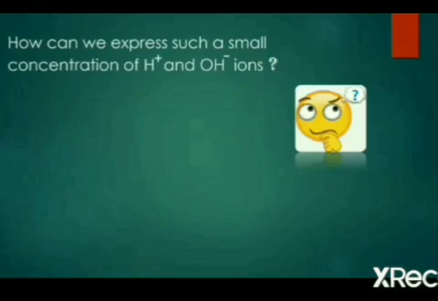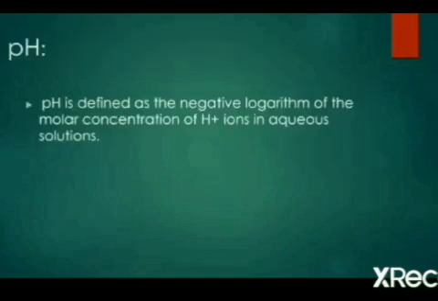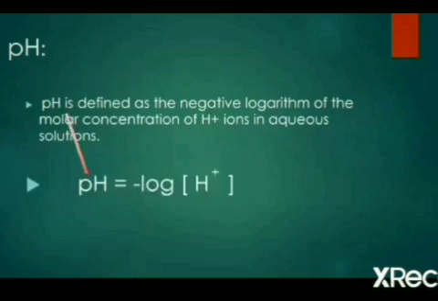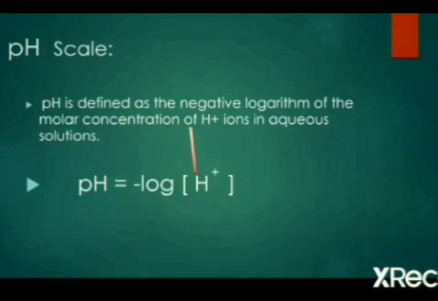How can we express such a small concentration of H plus and OH minus? By pH. P means power, H means hydrogen. So pH is defined as negative logarithm of molar concentration of H plus ions in aqueous solution.